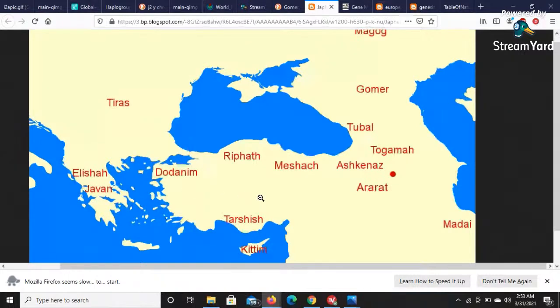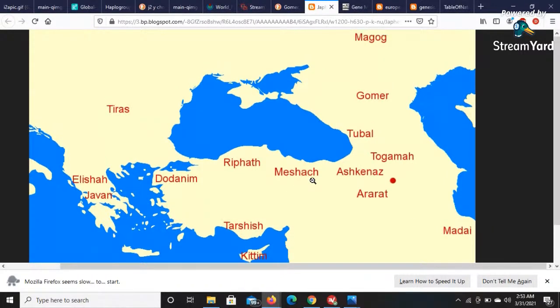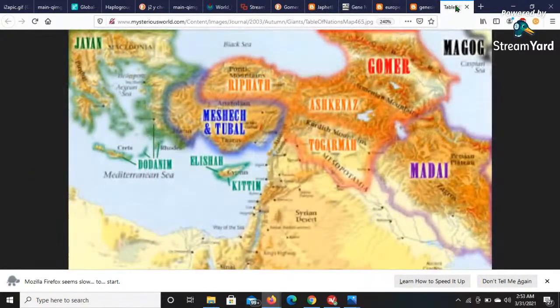Hard to say. Q and R, Meshach, and Madai. Well, pretty much a dead end here as far as I can tell. But here's the ancient cultures here.